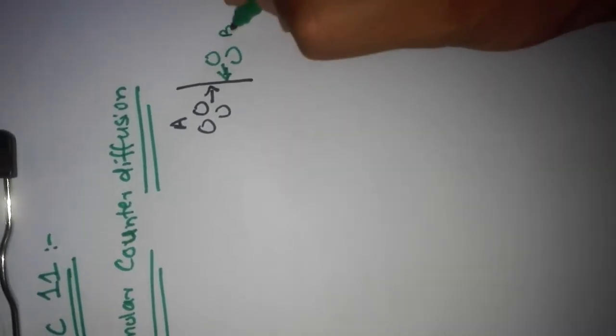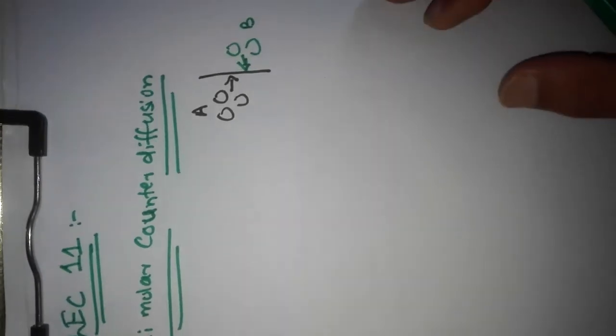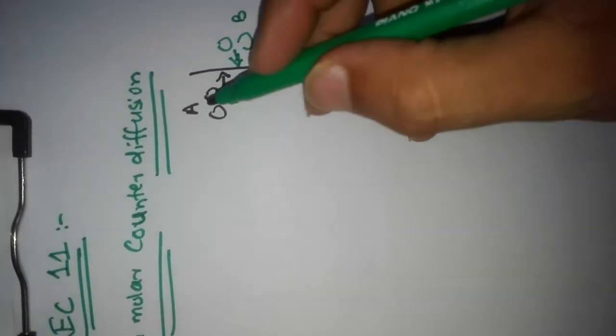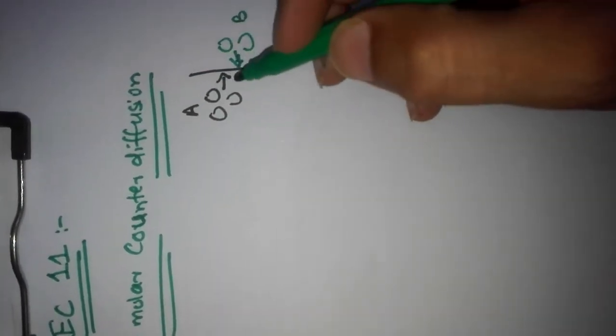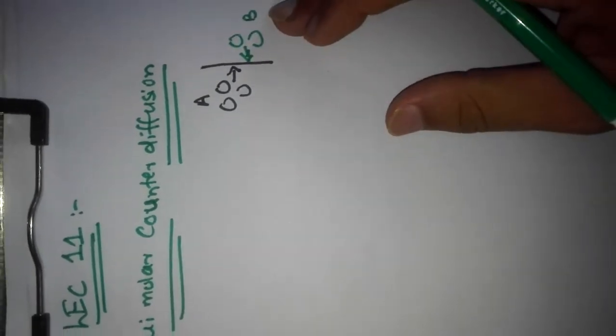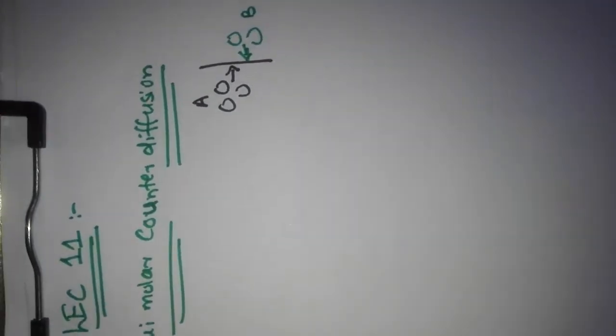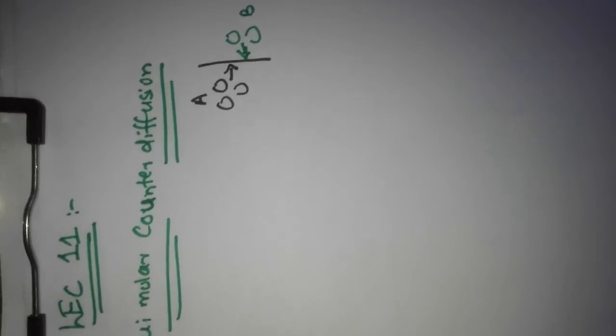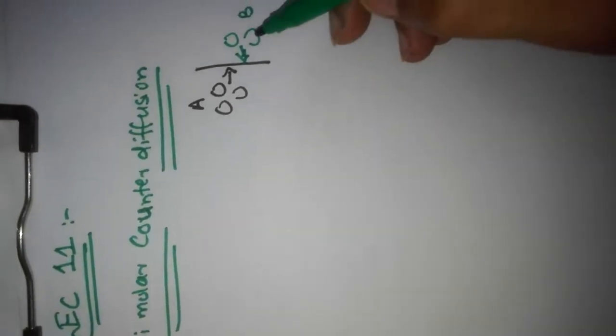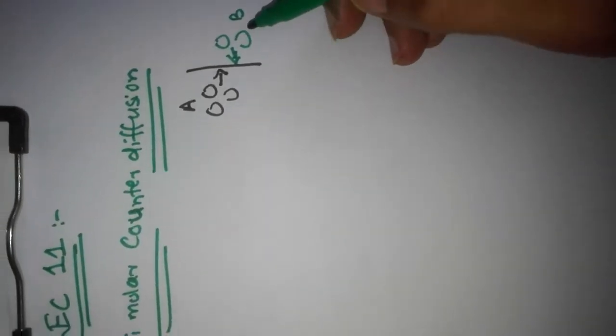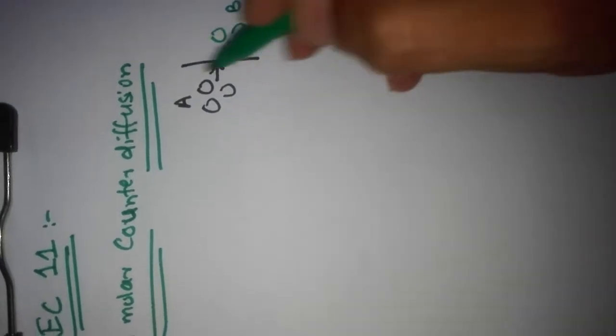So if the number of moles of A and B passing through a unit area in 1 second are different from each other, then it will form non-equimolar counter diffusion.